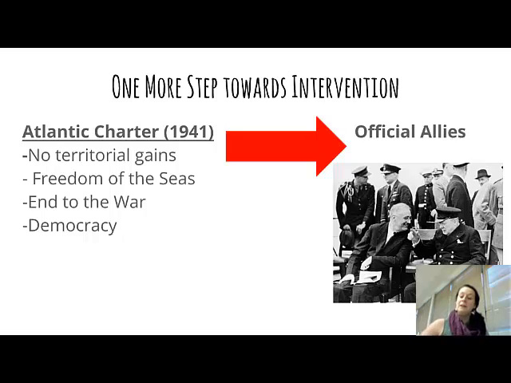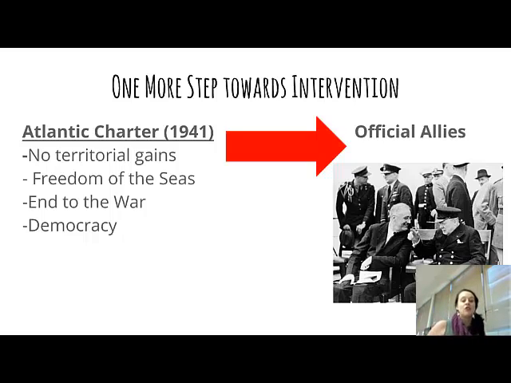And then one more step, and kind of the final tumble, is the Atlantic Charter. So Roosevelt and Winston Churchill meet in the middle of the Atlantic Ocean, which is why it's called the Atlantic Charter. And this is really symbolic of each of them moving halfway to help accommodate the other.